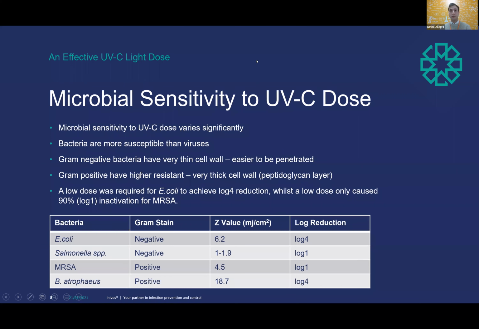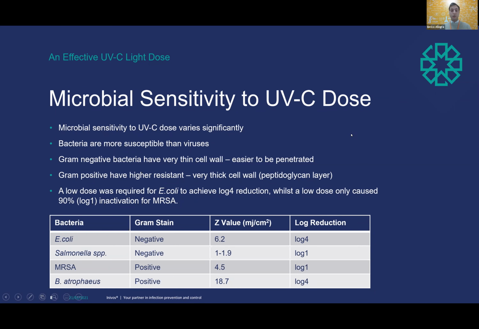And in fact, from the table below, you can see if we compare, for example, E. coli, which is a gram-negative, versus MRSA, a multi-drug resistant Staphylococcus aureus, which is a gram-positive, with a very similar Z value, we are achieving very different log reduction, i.e. there's a 3 log reduction, which in microbiological terms is quite a huge gap between the two.